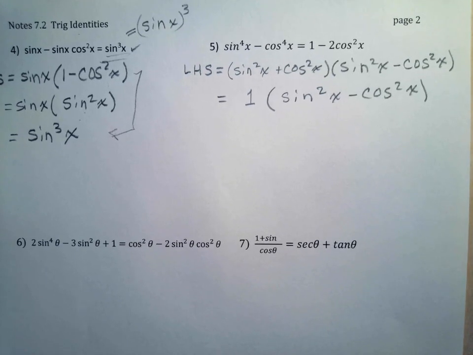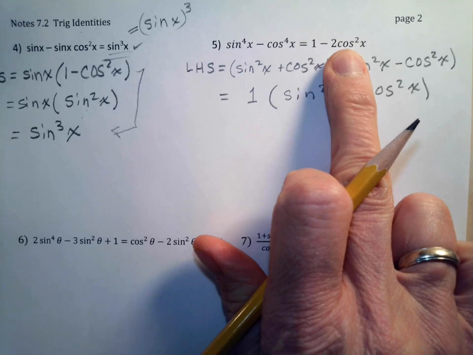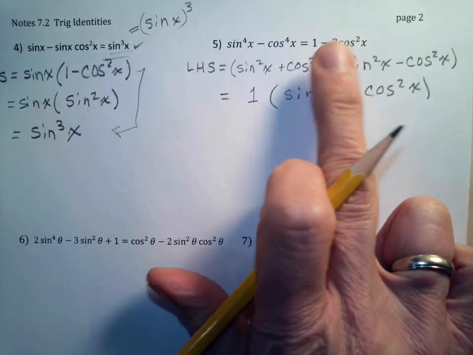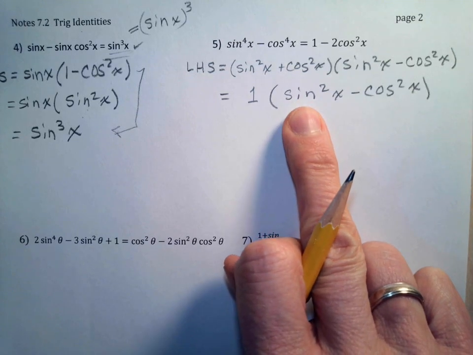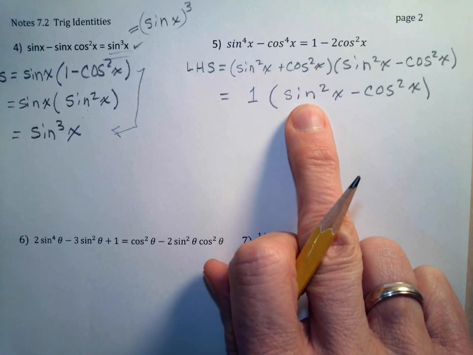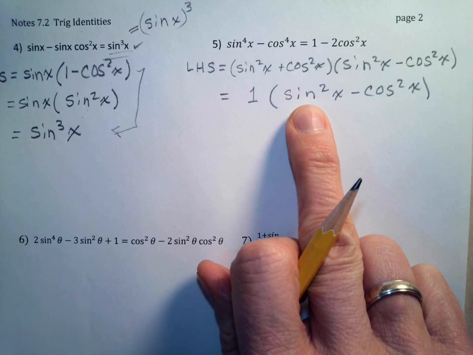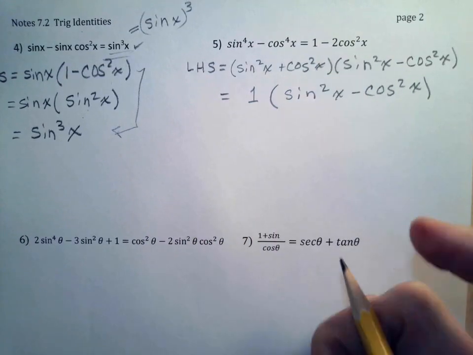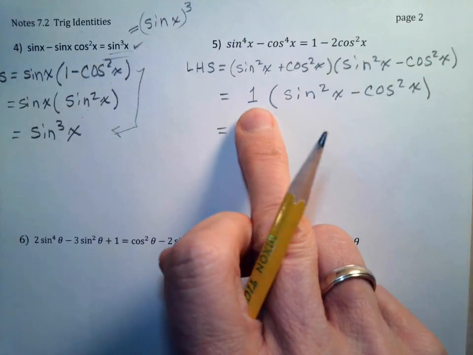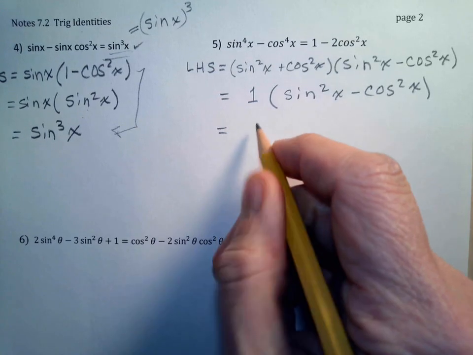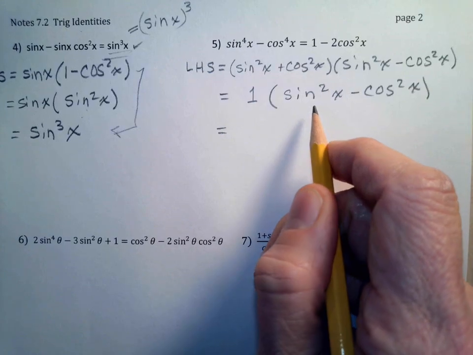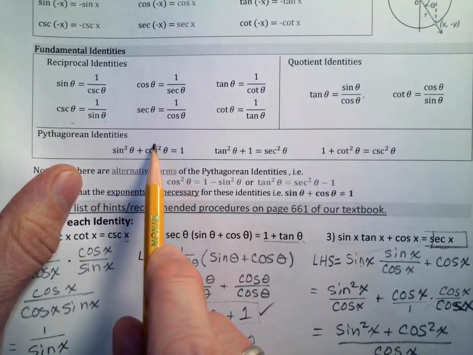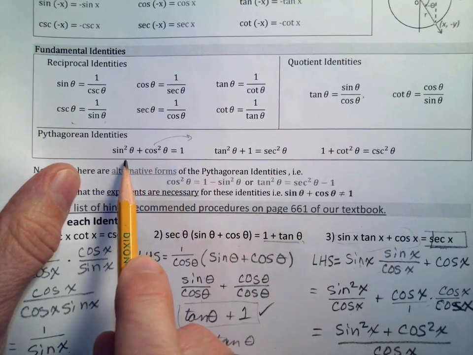Sometimes, even though we can't touch the right side, we can look at it and say, okay, where do we want to go? We want just cosine. We want to get rid of the sine. So what could we replace sine squared x with to give me cosines? I'm just going to ignore the 1 out in front, the coefficient. Using our identity, I could move the cosine over to the other side.